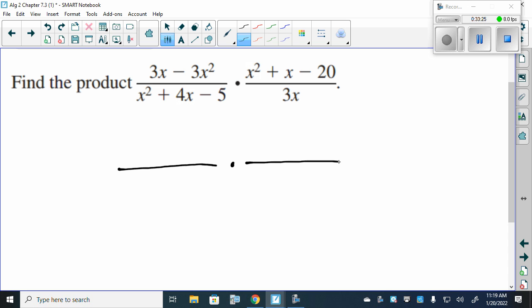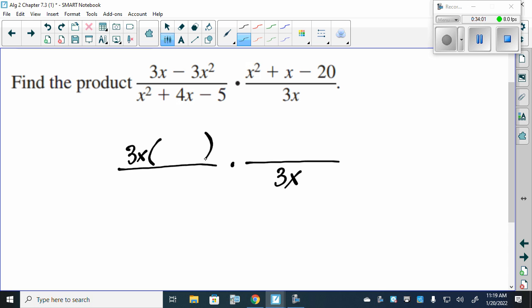Now looking at all 4 of these, well, the 3x is as simplified as it gets. There's no other terms with it. We can't simplify it any further. Now let's look at the other ones. Well, I think the next easiest one to factor would be our 3x minus 3x squared, because there is a greatest common factor between those 2 terms, which is what? 3x, and we can factor it out.